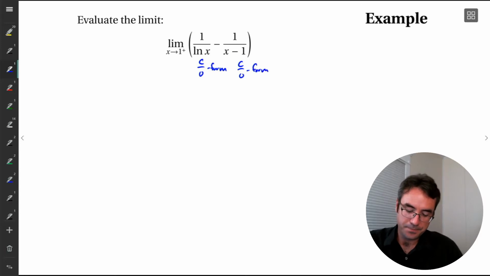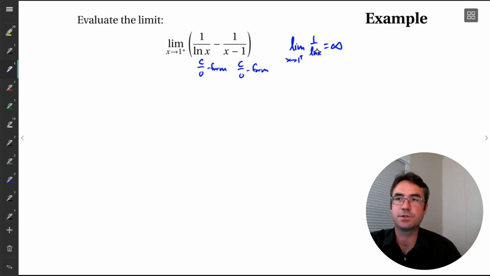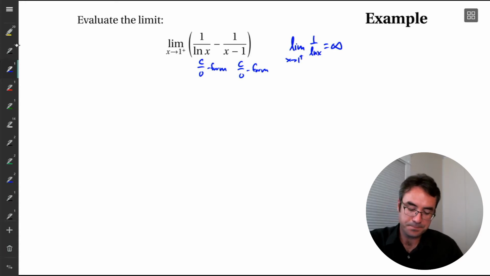So individually, we can check this. The limit of 1 over natural log x is positive infinity as x approaches 1 from the right. It's a c over 0 form, so you just use a test number to figure out if it's positive infinity or minus infinity. Because we're approaching 1 from the right, natural log is slightly positive, so this is going to be positive infinity.